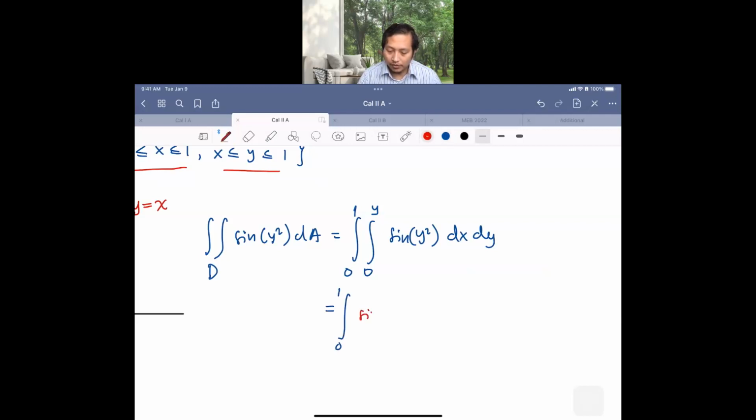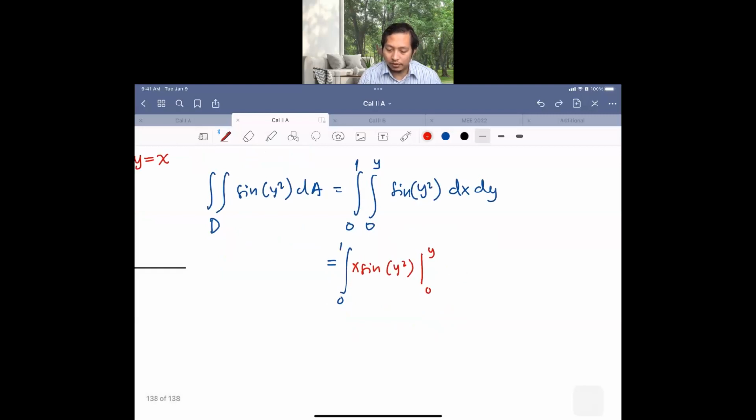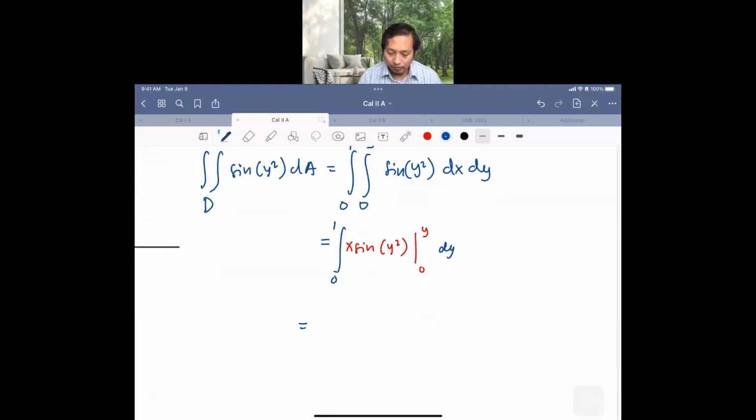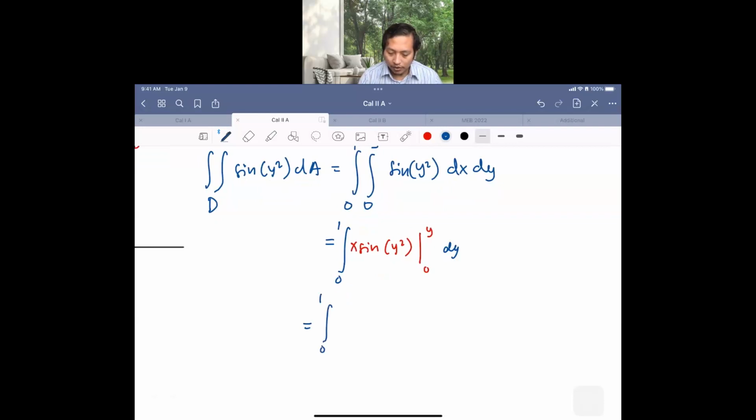Now we evaluate. This will be sine y squared multiplied with x, from 0 to y, and then dy. So we will have the integral of y sine y squared dy.